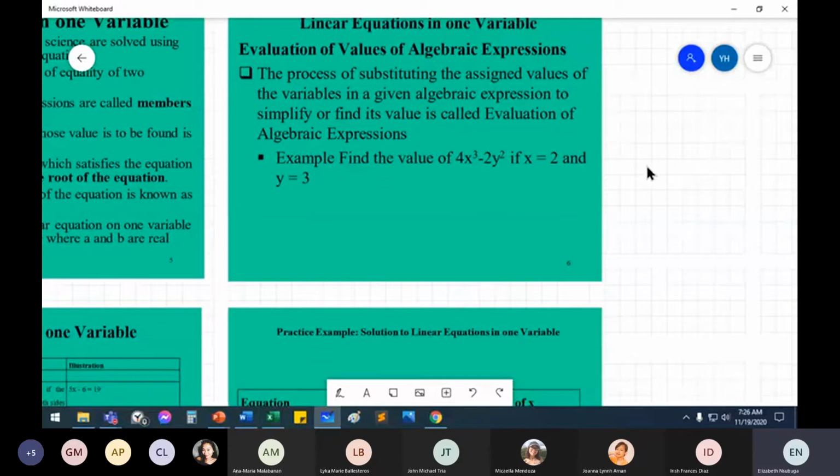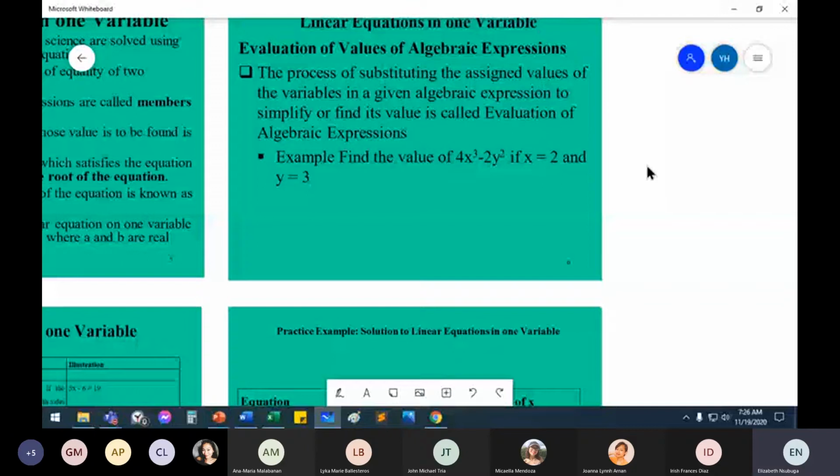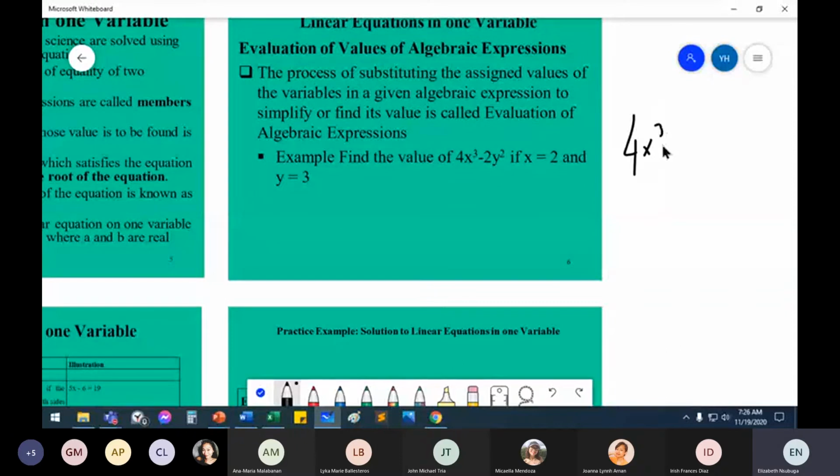If you're given an expression like this, and you're also given values to substitute, it means you're going to be evaluating the answer to this expression. If you're given 4x cubed minus 2y cubed, and then they ask you to evaluate this expression if x is equal to 2 and y is equal to 3, this is very simple.